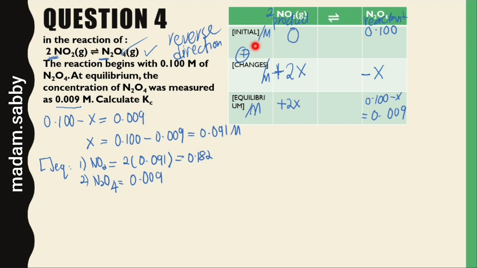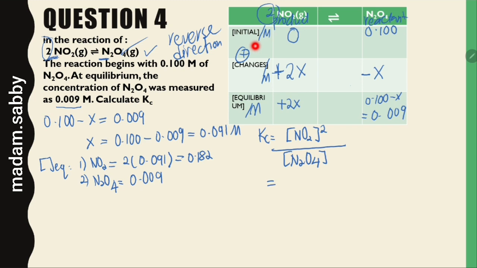So for your Kc, writing down the expression first. Since our product is NO2, it will be at the top, NO2 to the power of 2, because the stoichiometric coefficient for your NO2 here is 2, over N2O4.